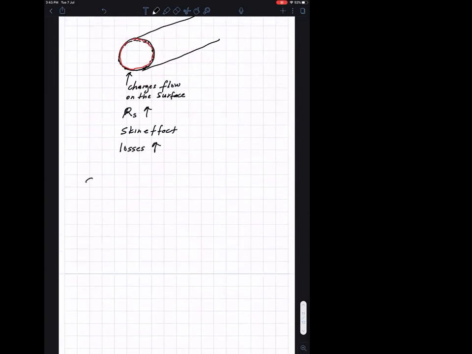So, series LC circuit, resonant circuit.